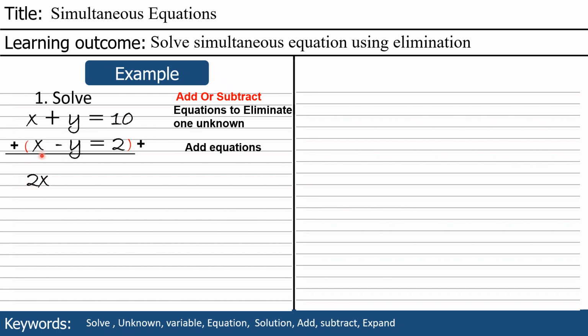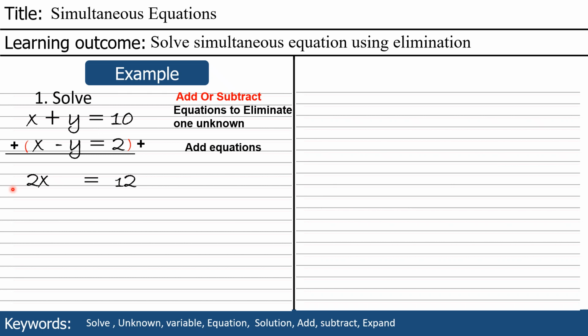Then we have y add minus y is 0. Remember, to add a negative is the same as subtracting. So that's y subtract y, and that's 0. Then we have equals 10 add 2 is 12.